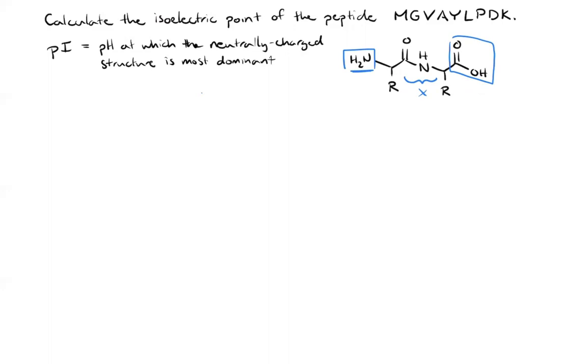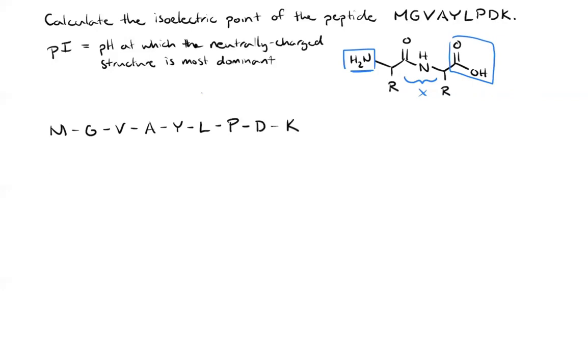If I draw out the structure of this peptide that I've given us, it's all different amino acids here. So I'm just going to draw this in a slightly expanded form down on the bottom of the slide, and then we'll consider each of these amino acids individually. I have a number of different structures to consider with this.